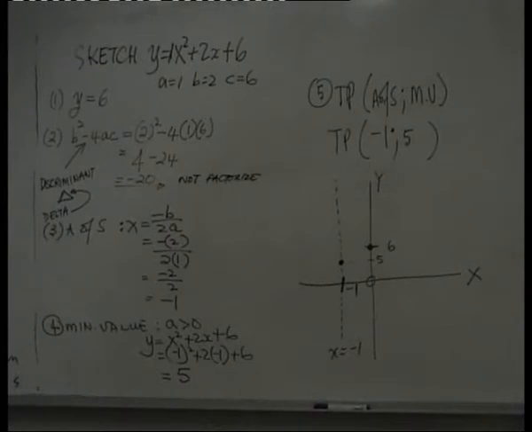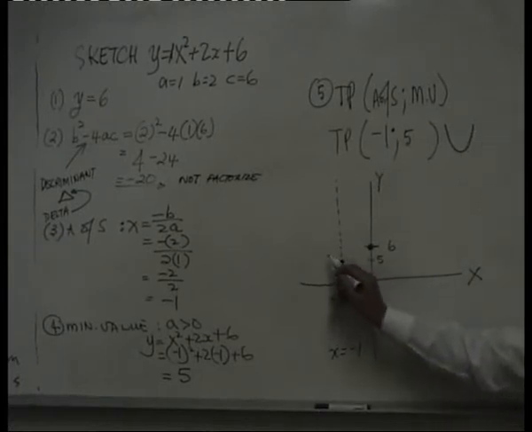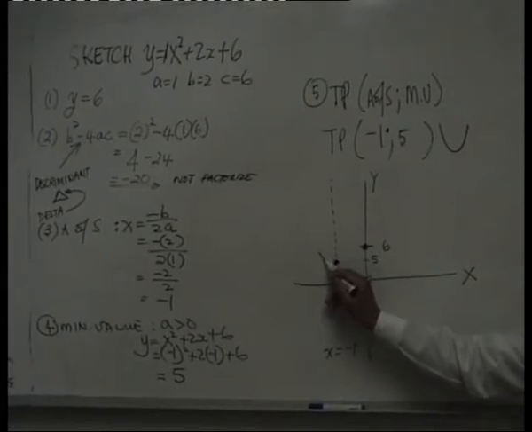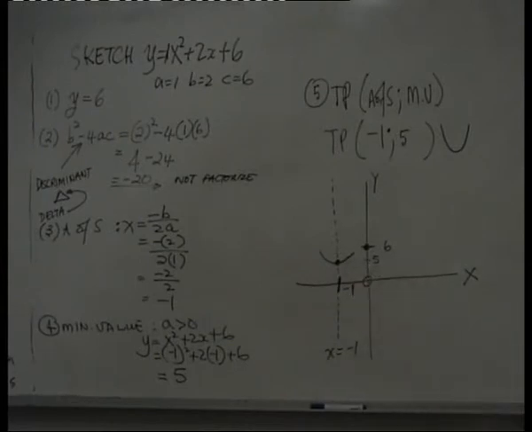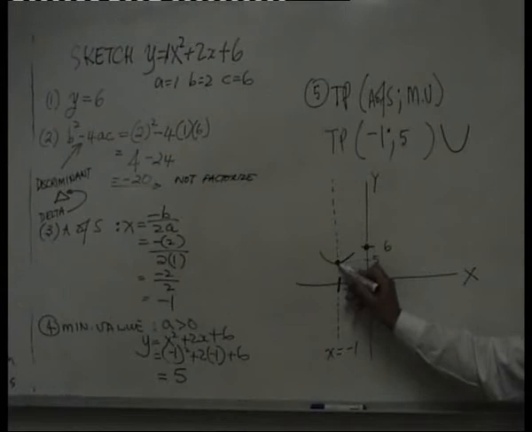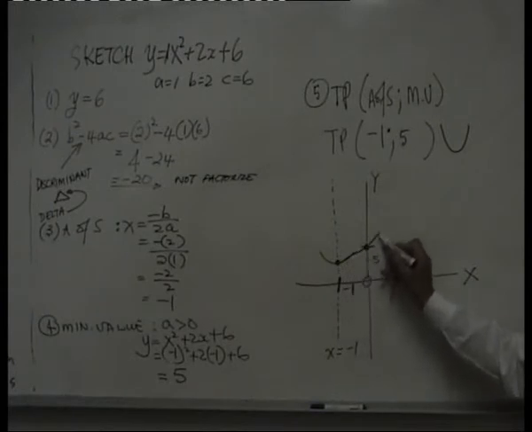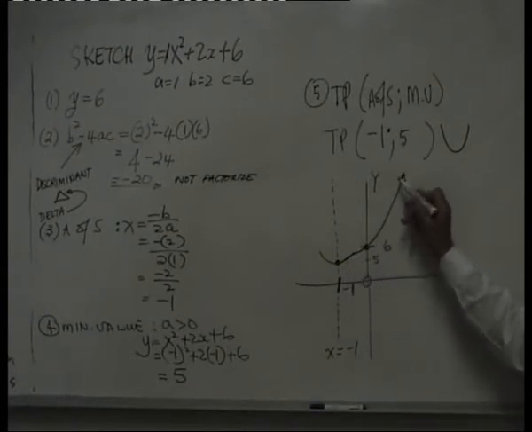It is a minimum value turning point, which means the graph does that there. So at this turning point, the graph is going to do that, because it is a minimum value turning point. From here, I must continue the line this way and take it up.